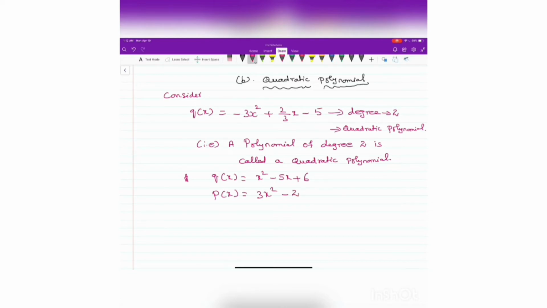Then again you can take f of x is equal to just minus 2 by 3 x square. If you see, it is a quadratic polynomial because the highest power of the variable x here is 2. So the degree is 2. So it is a quadratic polynomial.